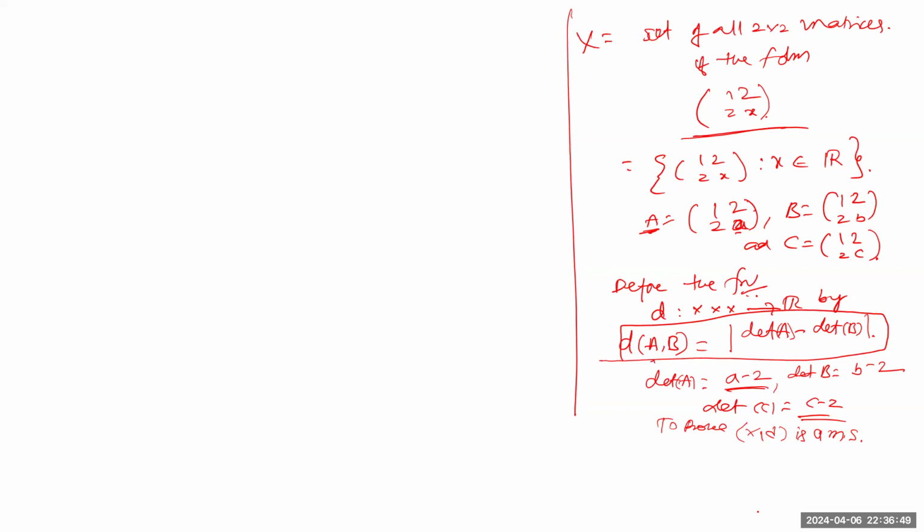So for MS1, the distance of A comma B, where A comma B are any matrices in X of this form, is the modulus of determinant of A minus determinant of B. Determinant of A is just a real number, and this is another real number.